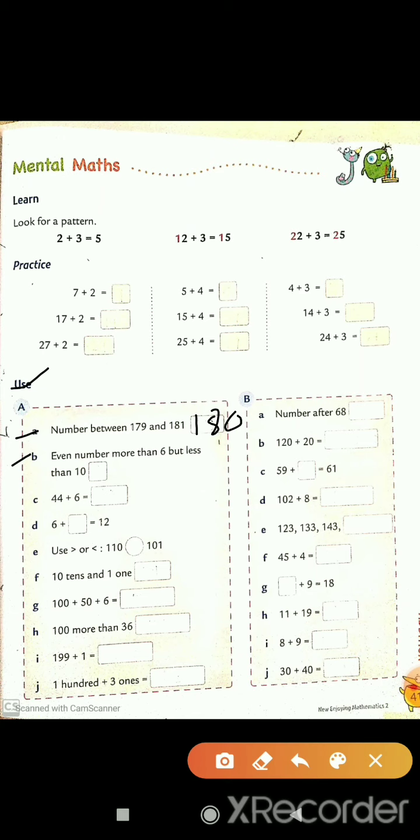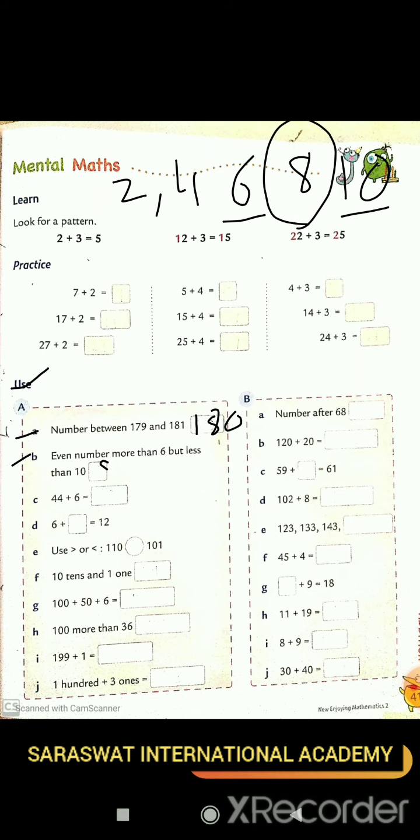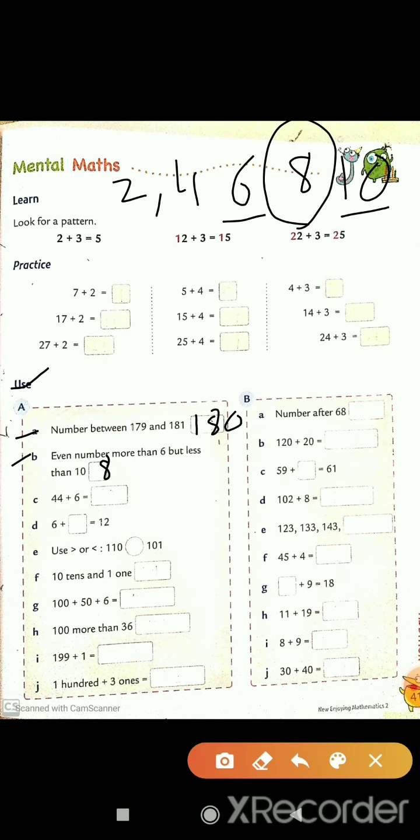What are the even numbers? 2, 4, 6, 8 and 10. Now the number is more than 6 but less than 10, so that number is 8. So you will write here 8.